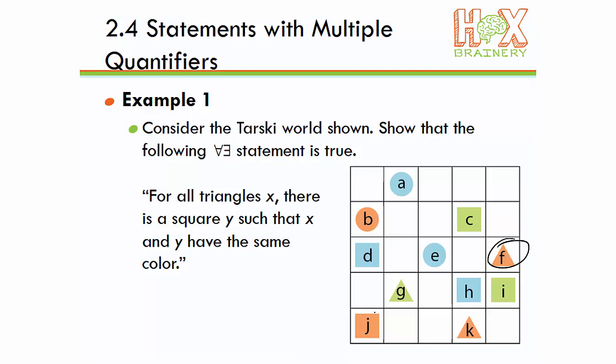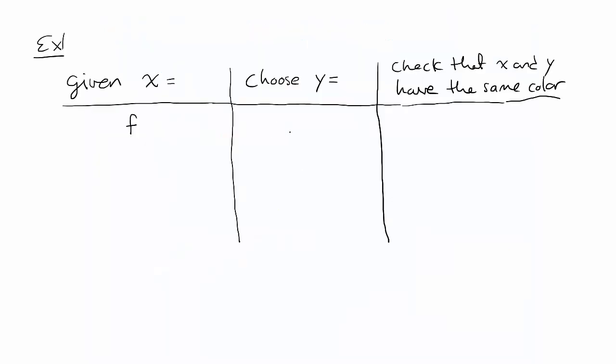And we can pick this square down here. We're going to pick square J. So if you're given triangle F, which is colored orange, you're going to pick square J, which also has the same color. Do they have the same color? Yes. And I'll just make a little note here. They're both orange.